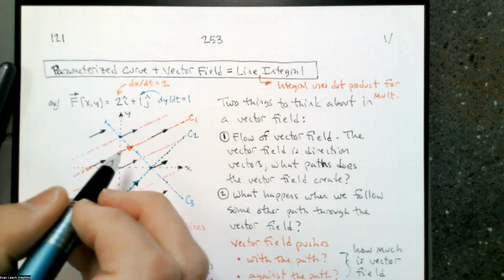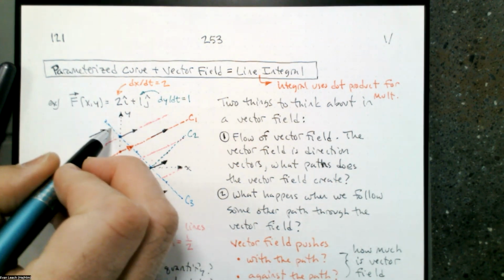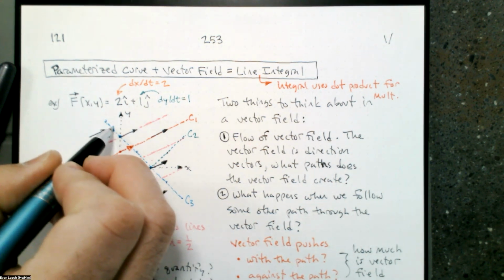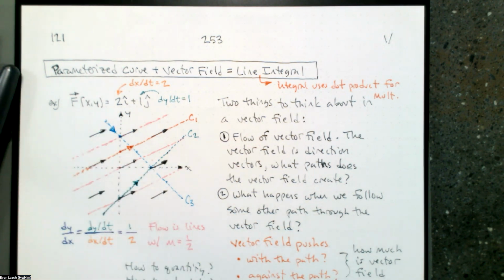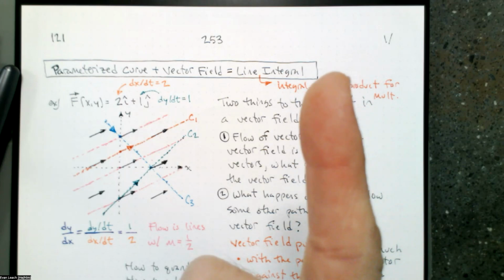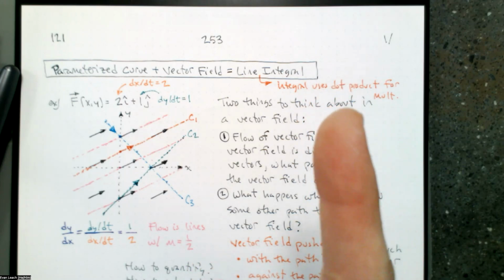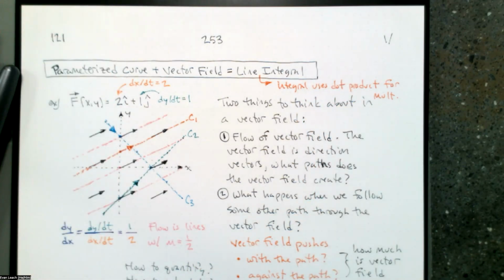If we imagine C3 going this direction, the vector field pushes with the path in the x direction because we're moving from left to right, but against the path in the y direction, because in the y direction, the vector field is pushing up with 1j, and the path is pushing down with 1j.